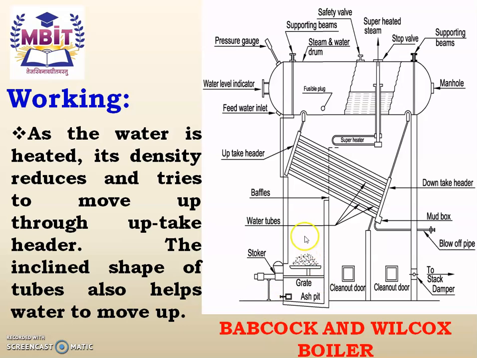So the less dense hot water moves up automatically, without the need of any pump, through the uptake header, and through the downtake header fresh water having high density enters the tubes. So it is known as the natural circulation boiler.